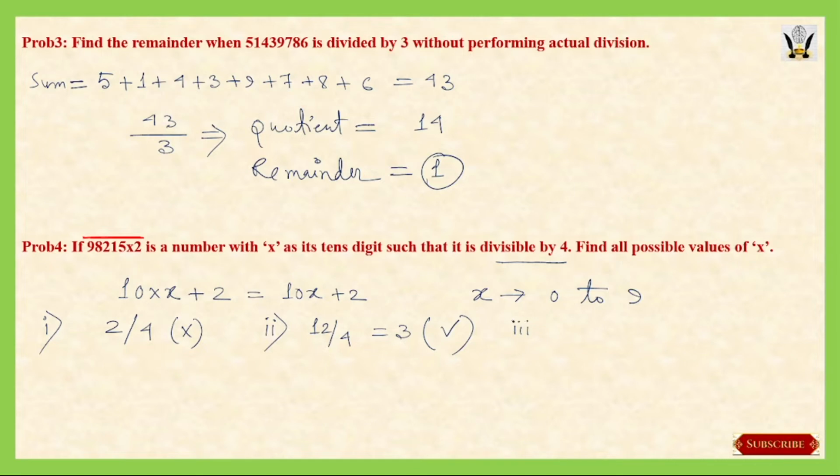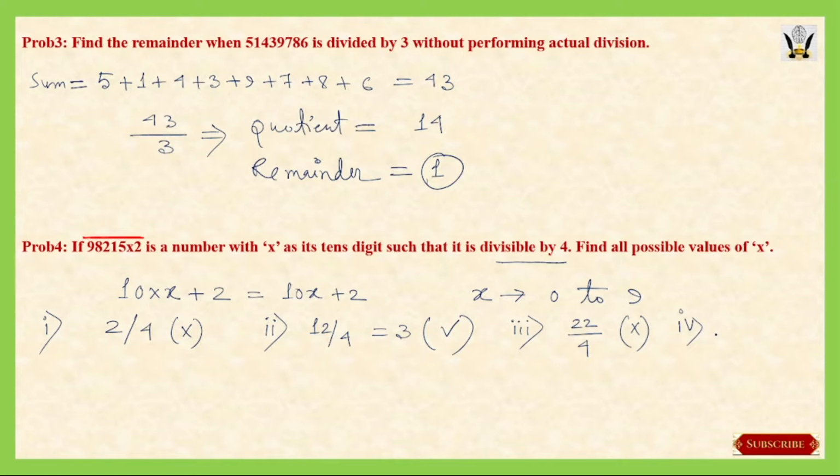Now the third value x can have is 2. When x is equal to 2, it will be 20 plus 2, 22. 22 divided by 4 will have a remainder, so it is not divisible by 4. The fourth possibility is x is equal to 3.